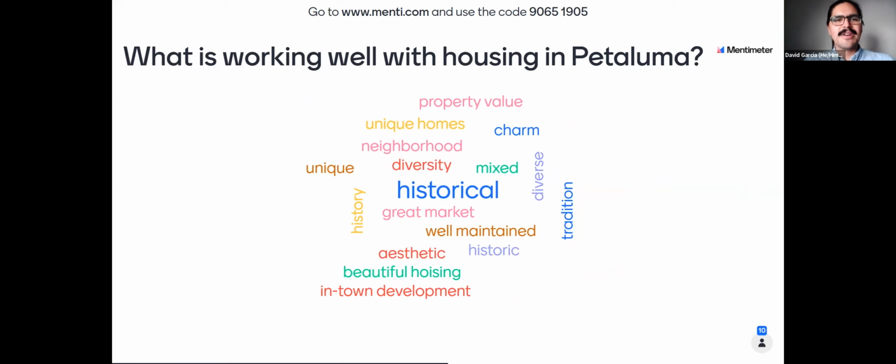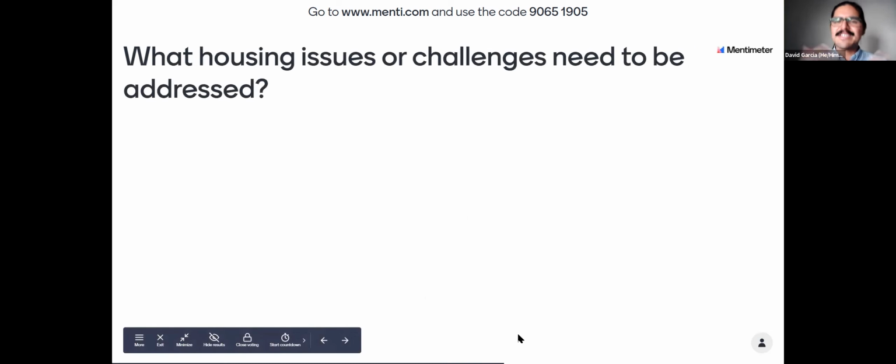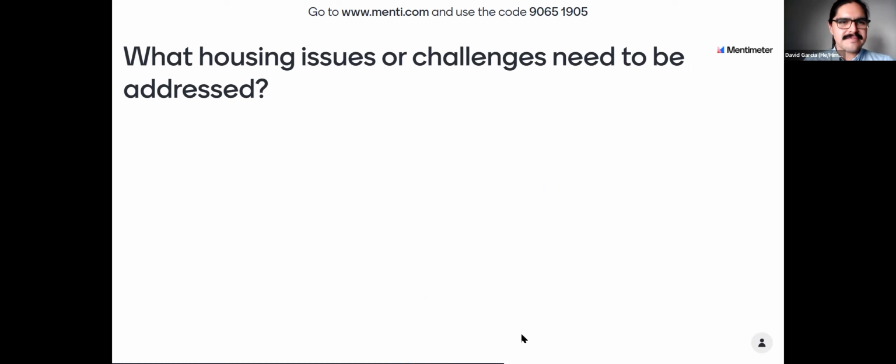Yeah, this point about neighborhoods, but also the reality of property values, the mix that we have around Petaluma. Excellent. So with that, I think we can move on. We'll get into this all much deeper in further conversation.